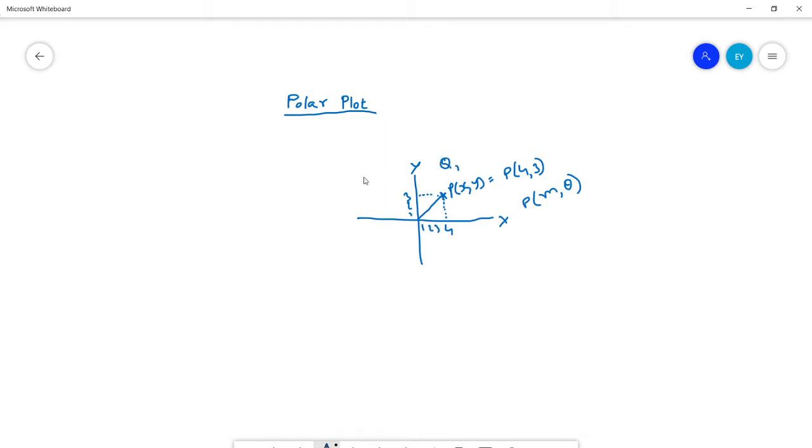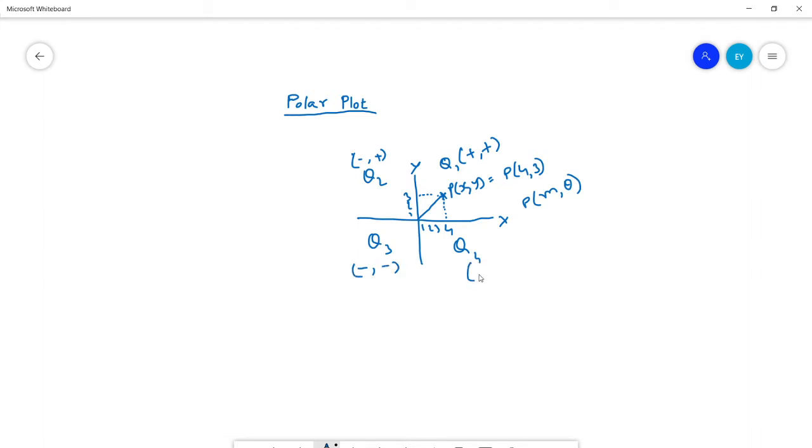These are called the Q1, Q2, Q3, Q4 quadrants. What is Q1? In Q1, both axes are positive. In Q2, the x-axis is negative and the y-axis is positive. In Q3, both are negative.